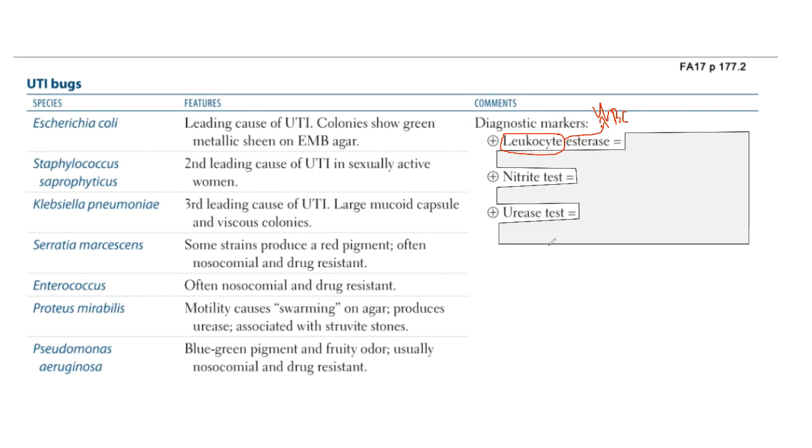Okay, so remember the urease test. If it's positive, what does it tell you? The bacteria produce urease. What are the three bacteria that we talked about? E. coli. No, not E. coli. Proteus. Yeah, Proteus.